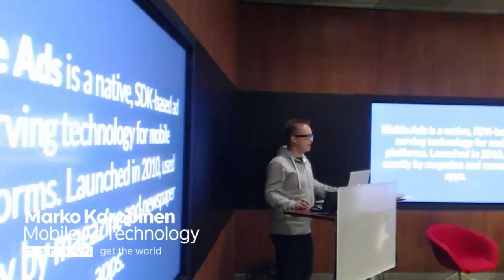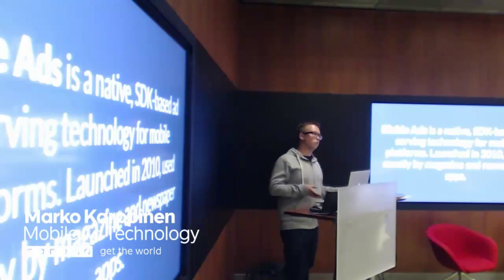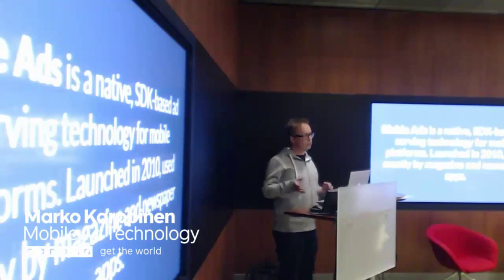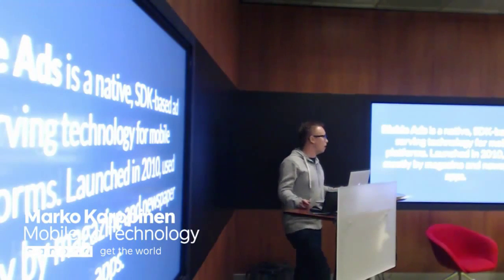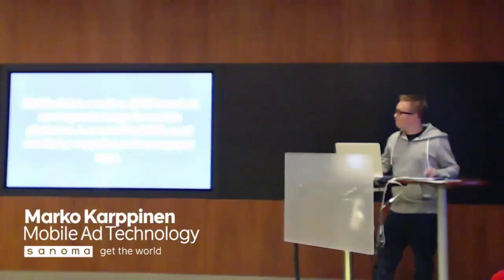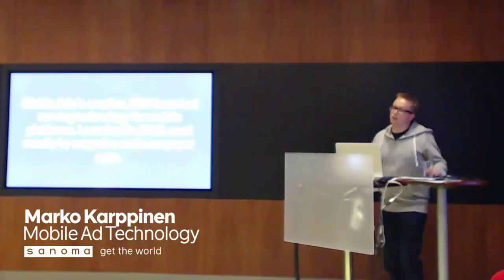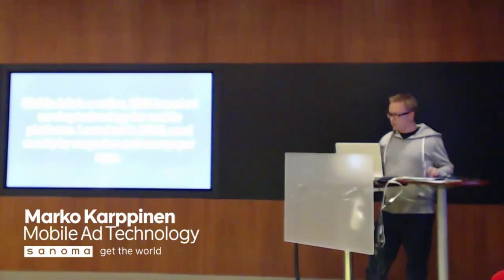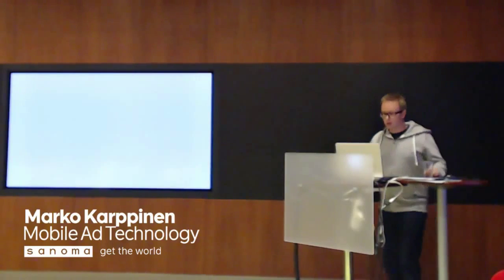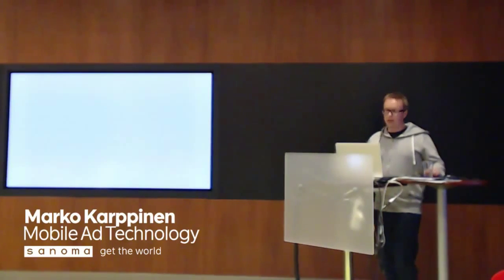So we're an SDK-based solution, and we mostly focus on full page, full screen ad units. We've been at this for about 3.5 years now, and our tech is mostly used by magazine and newspaper apps. So that's the background. And I basically have 6 small things I want to share with you today.